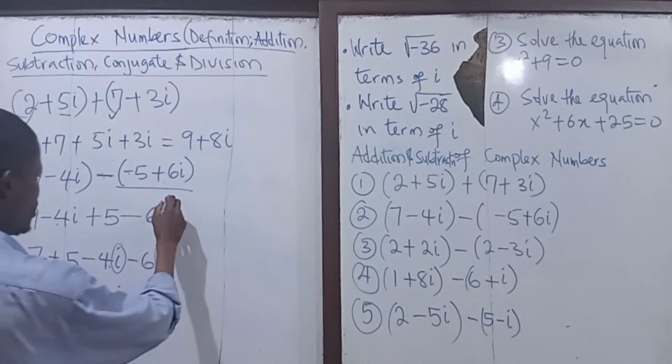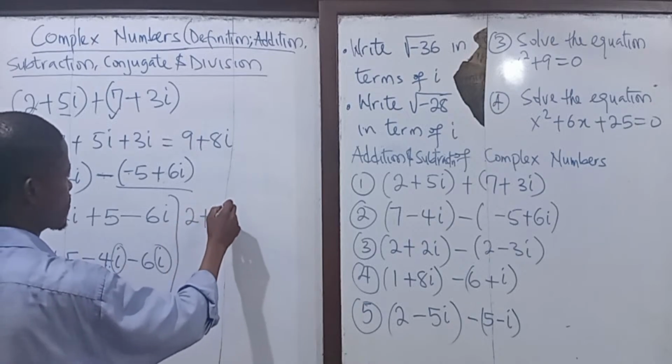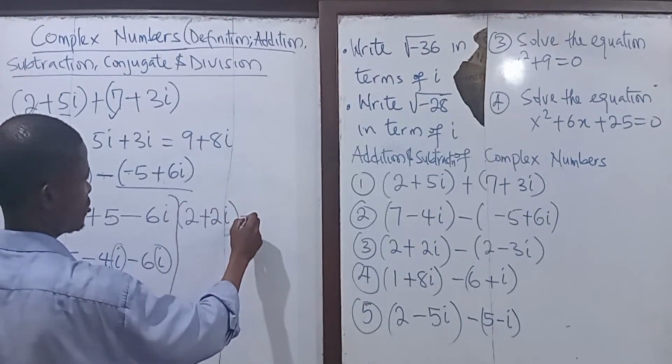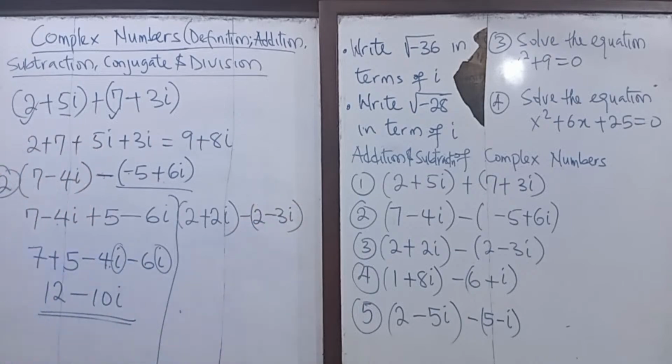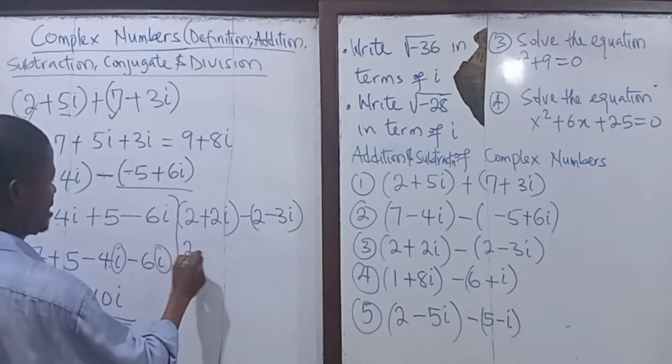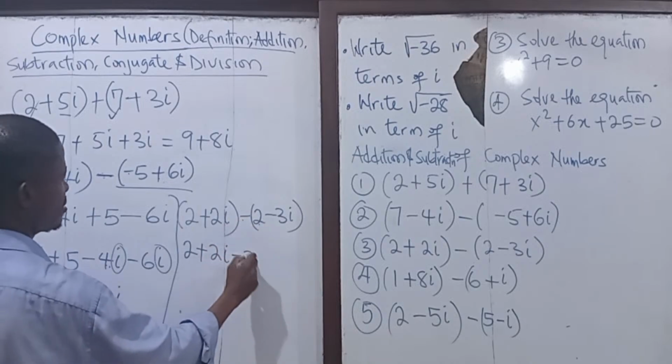Okay, let's see the third one. 2 plus 2i, and then minus 2 minus 3i. Okay, that's the third one. So this will be equal to what? Open the brackets. Minus 2 times this.